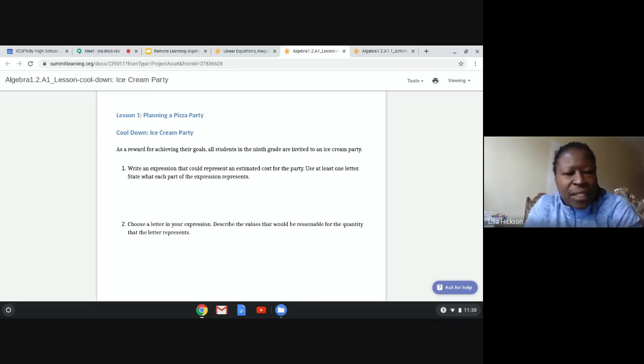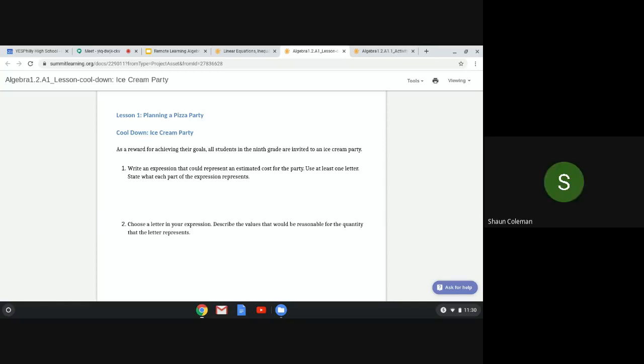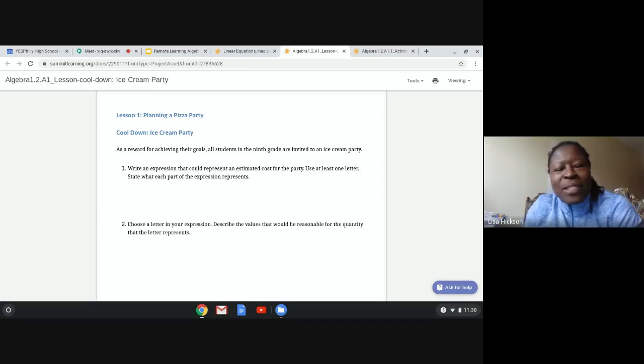So, your first task, write an expression that could represent an estimated cost for the party. Use at least one letter. State what each part of the expression means. So again, you are going to write an expression.